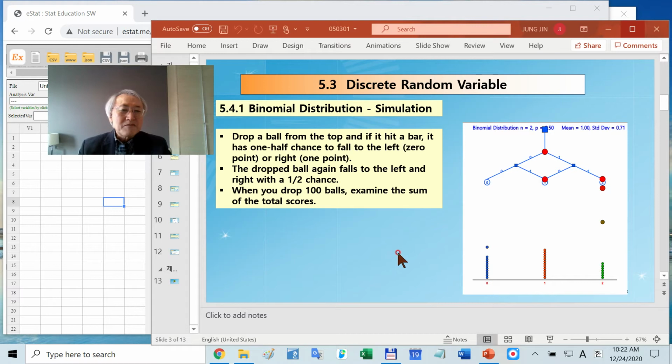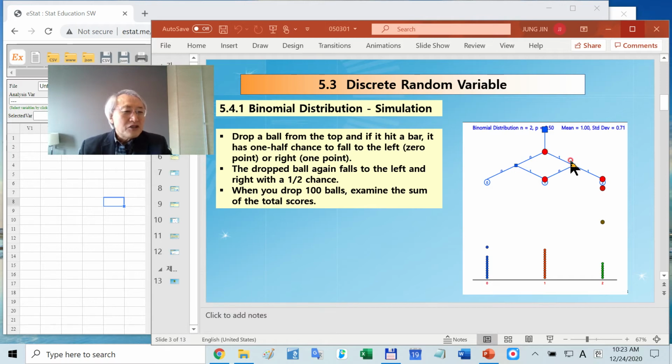Here's another example. If you go to a science museum, you might see this device. At the roof, they drop a ball. Then this ball will hit this circle. Then there's a half chance whether it goes to the right or to the left.